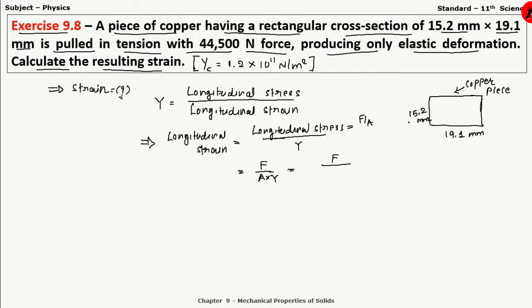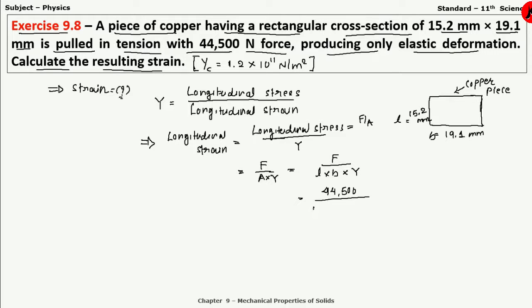So here we have length and breadth, right? So area we can easily calculate, L into B, and this is our Young modulus Y. So from this equation, force F is given, which is 44,500, divided by length, which is given in mm, 15.2 mm. So here we need to convert in meter.